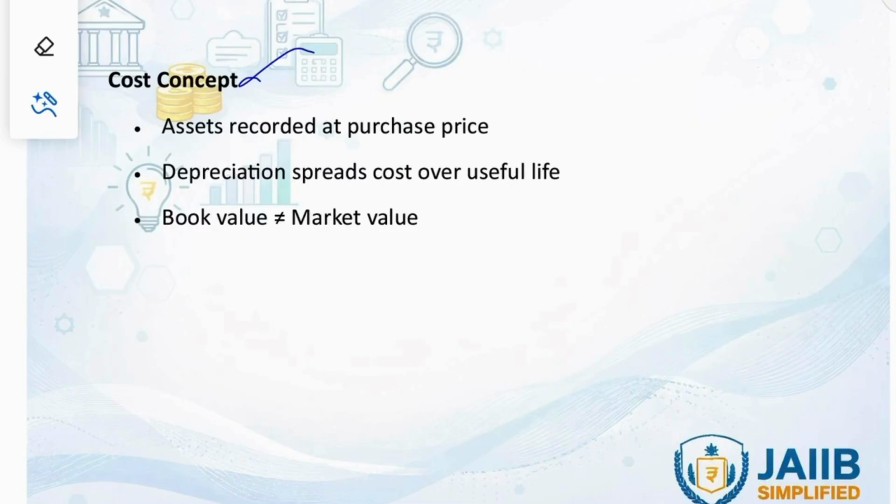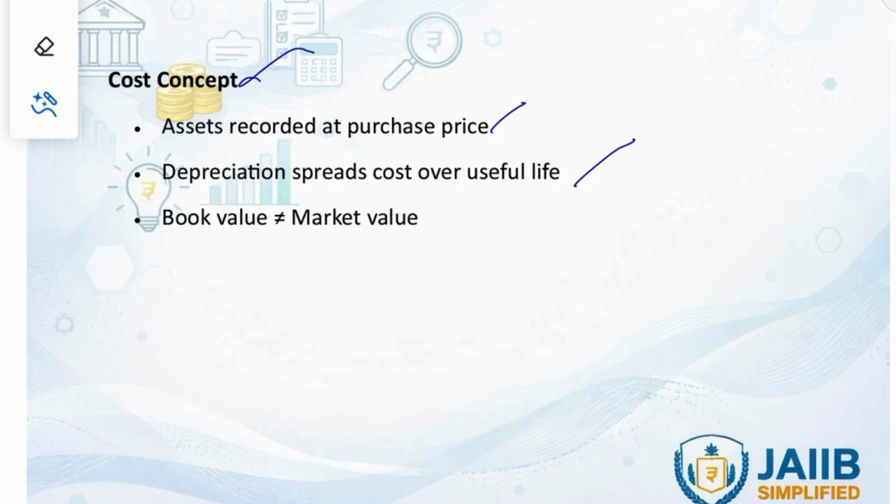Cost concept. Under the cost concept, assets are shown at their purchase price. We already discussed about this. Not at market value. And depreciation allocates cost over time but does not reflect market fluctuations. For example, if you bought a machine at 5 lakh rupees, that will stay in the books at that cost only, even if its resale value changes.